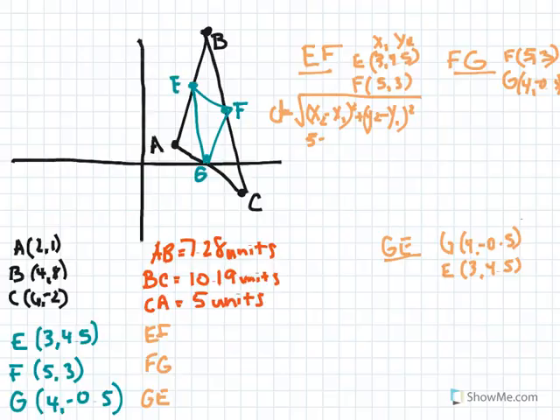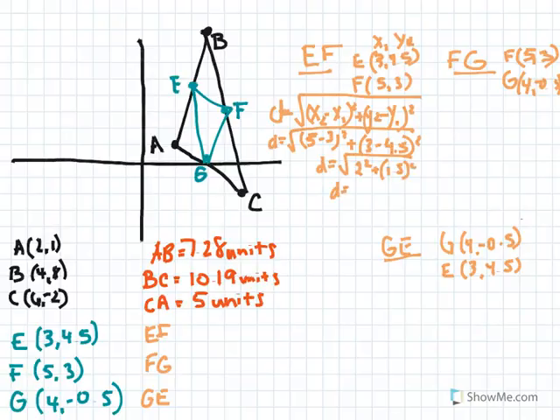My x1 is 3. This is squared plus y2 is going to be 3 minus y1, which is 4.5 squared.